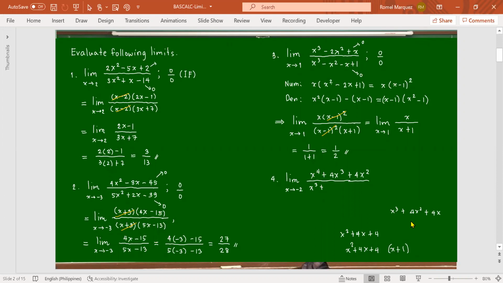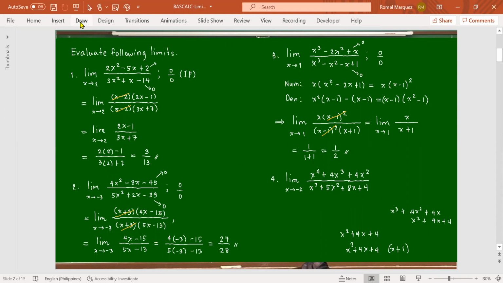Then x squared plus 4x plus 4. So what's now this? 5x squared plus 8x plus 4.